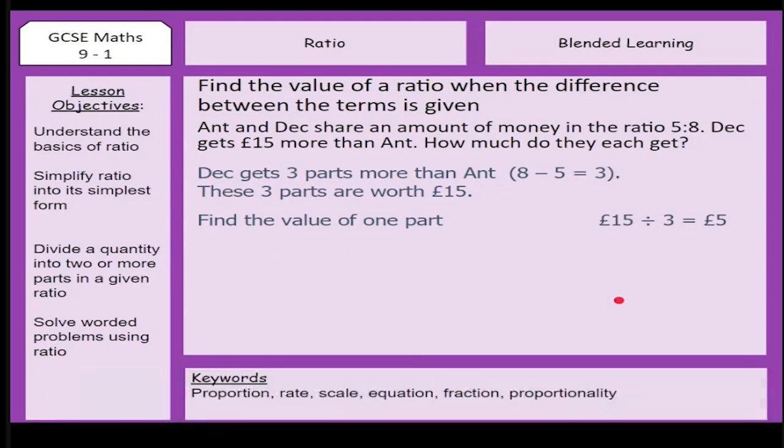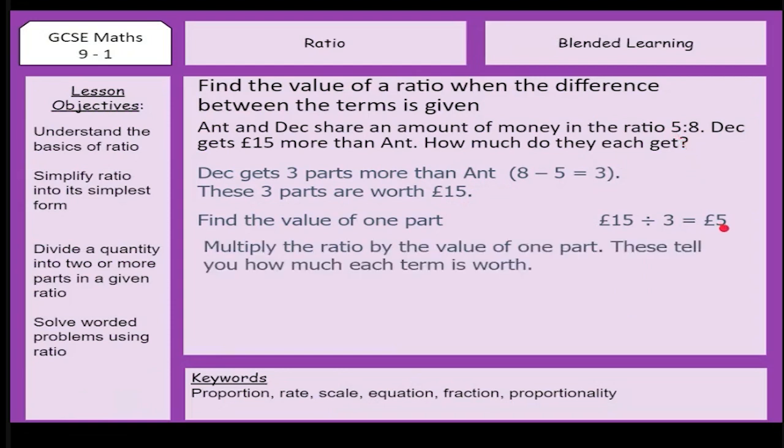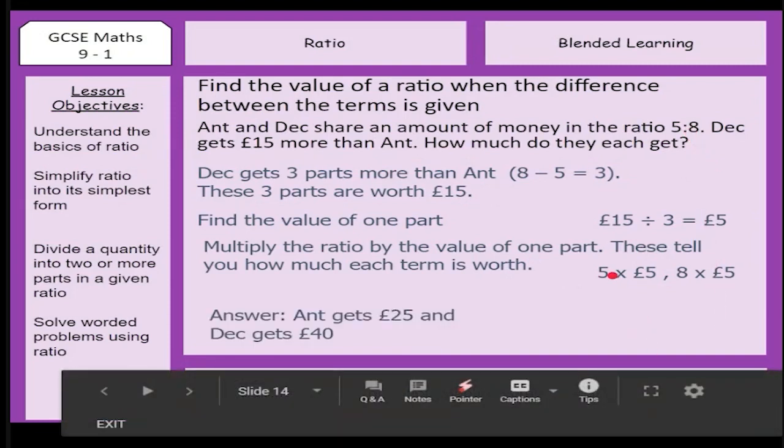I can now work out, because I know that each part is £5, Ant gets 5 parts, so 5 times 5 would give me Ant's share, and 5 times 8 would give me Dec's share.